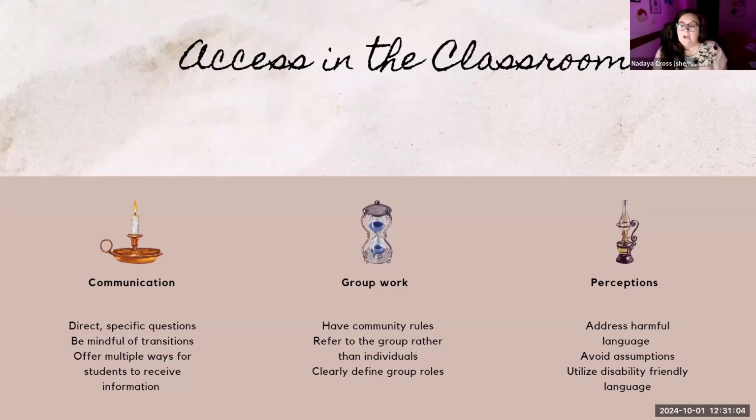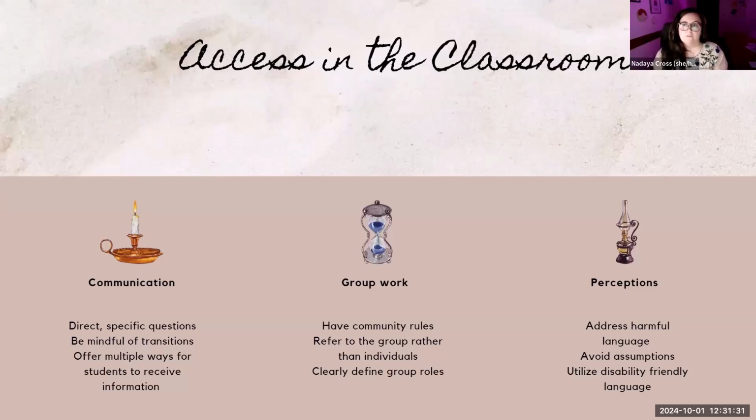It's great. And then utilize disability friendly language. Disability friendly language would be saying the word disability. It is a very proud and wonderful word that is widely accepted by the disabled community, and it is actually preferred over saying someone who has an impairment or someone who's physically challenged or differently abled. Disability is the preferred term.